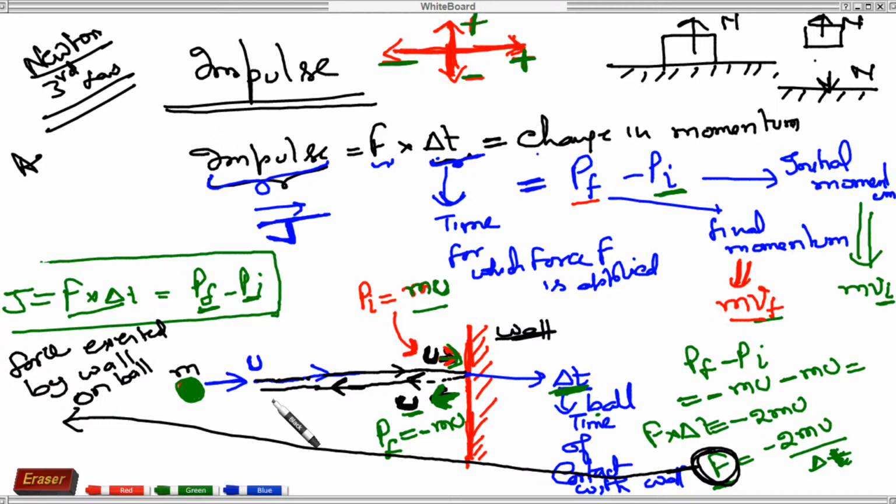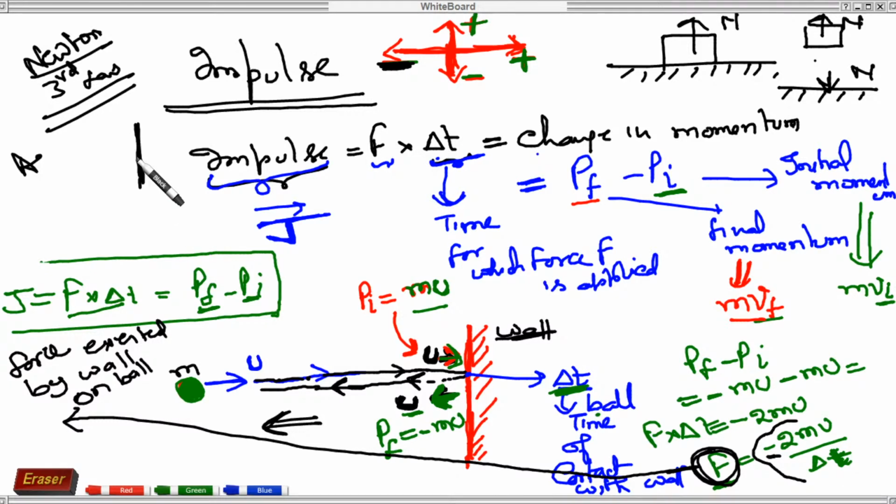So you can see here, the force exerted by the wall on the ball is this much. The minus sign indicates the direction, because we are considering this direction as negative.